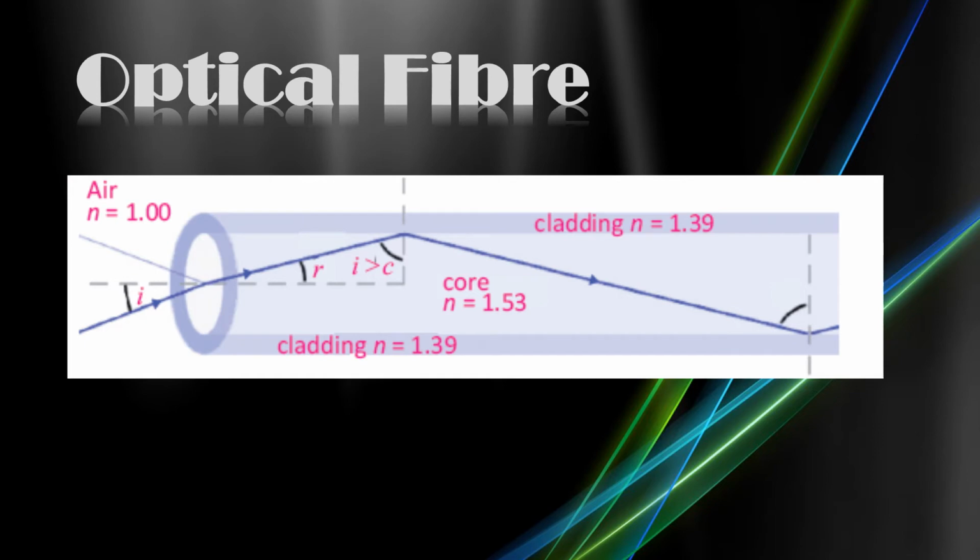You can see the passage of light through the fiber in this figure. As I have told earlier, fiber optics consists of hair-sized threads of glass or plastic through which light can travel.